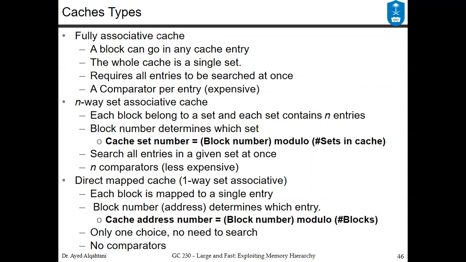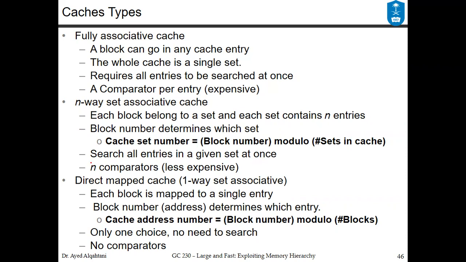Now, the fully associative cache requires all entries to be searched at once, which means that you need a comparator for every entry, and this is expensive. In an n-way set associative cache, you need to search all entries in a given set at once. So this is limited by how many entries you have in each set.